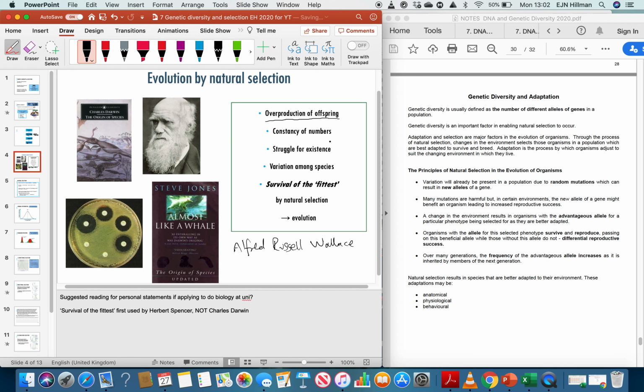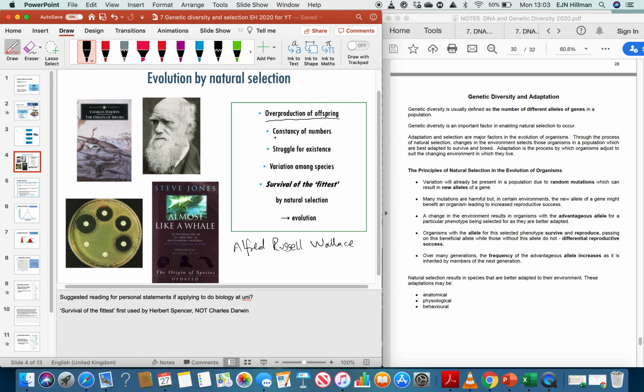That means when animals reproduce, they tend to reproduce a greater number than would be necessary to maintain the size of the population. I.e., when two organisms reproduce, they may have a litter, for example, of 5, 6, 7 offspring. This is what we refer to as the overproduction of offspring.